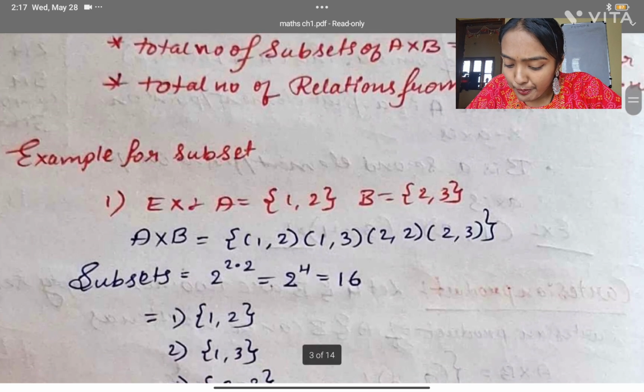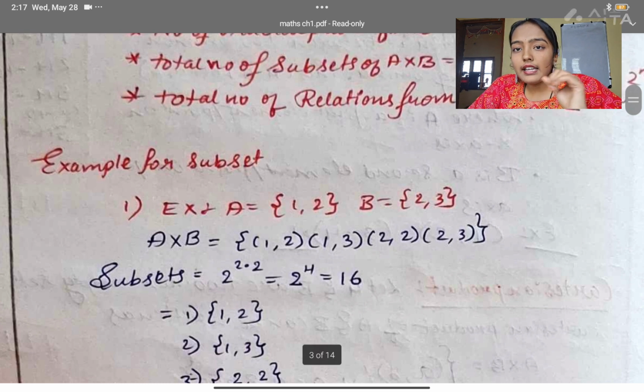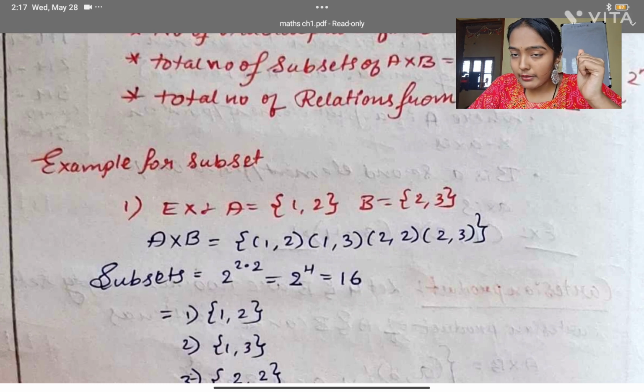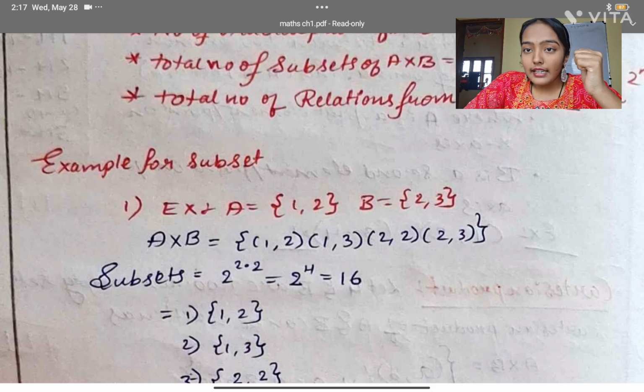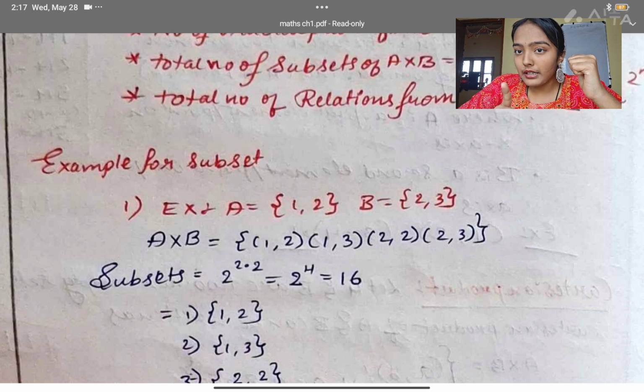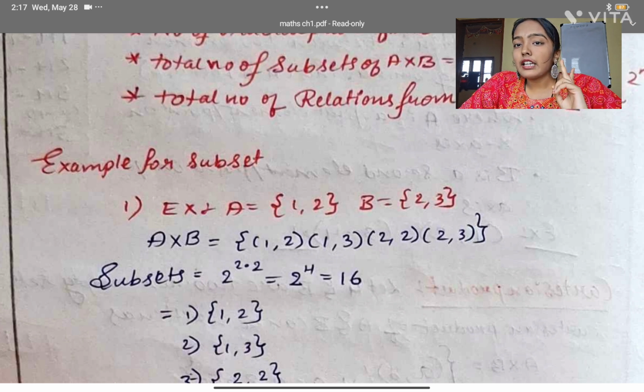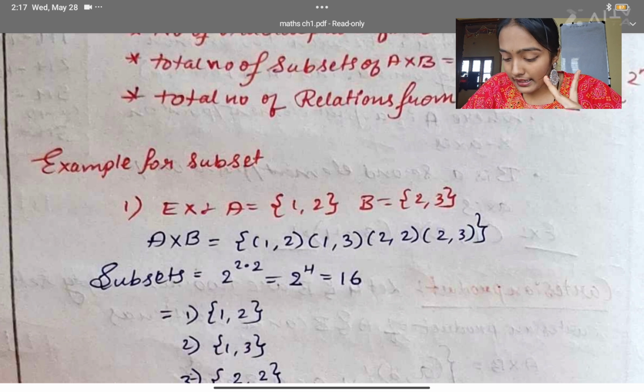Like that. So I will tell again. A has m number of elements. Sorry, I have a cold. So A has m number of elements. Okay, m number means there can be 2, 3, 4, 5, 6. In this case we have 2 elements. M number means 2 elements are there.